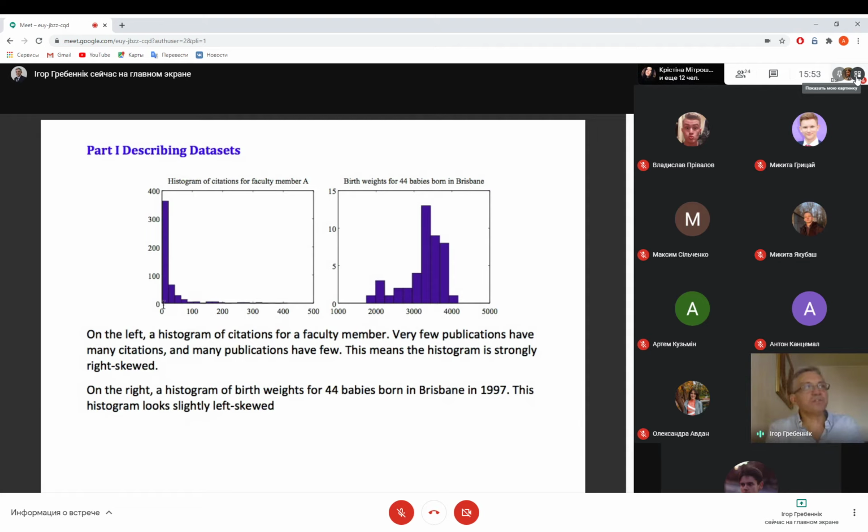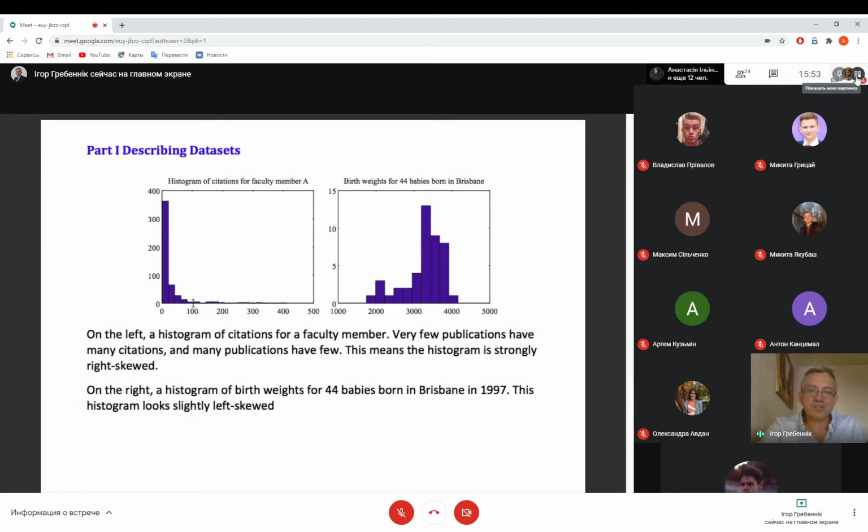Less often we have two citations, three, and so on. Very frequently we have from 0 to approximately 10 citations.